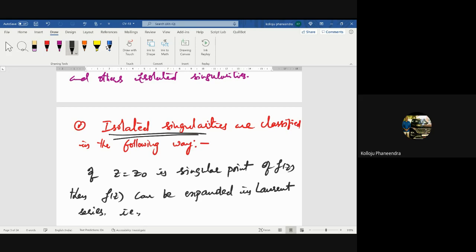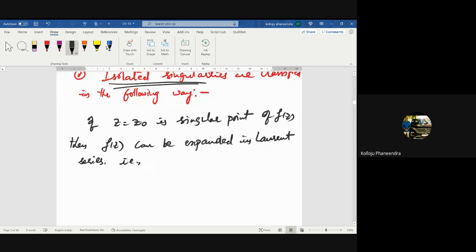What is the Laurent series? This concept is very important. If you do not understand this concept, we cannot go further. So listen carefully. What is meant by Laurent series? Positive powers plus negative powers.